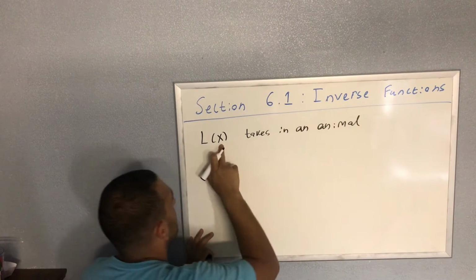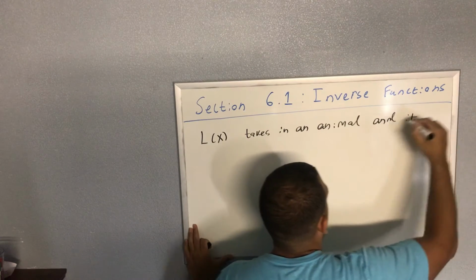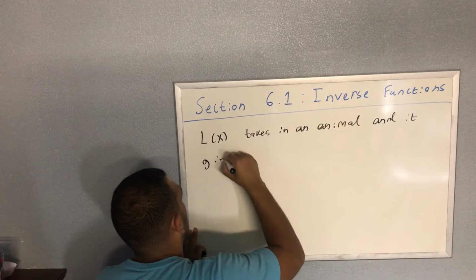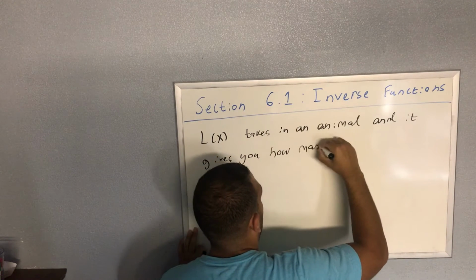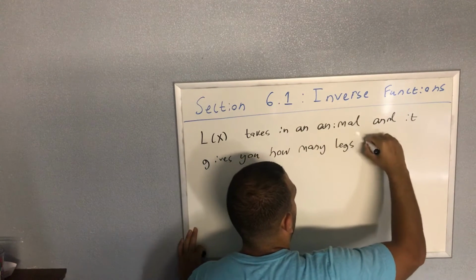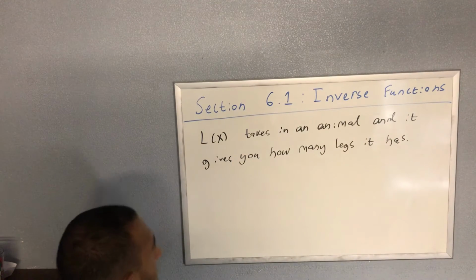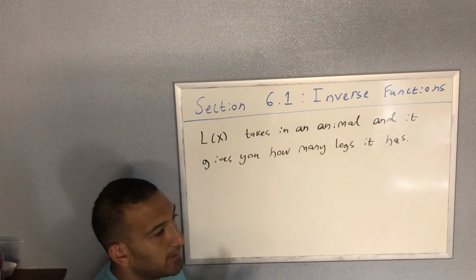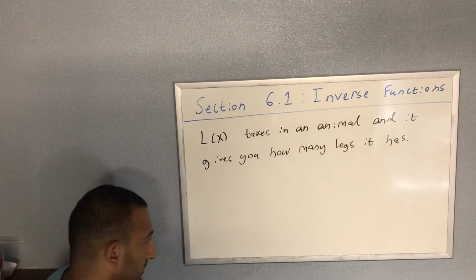So x represents some animal, and it gives you how many legs it has. Okay. So now this function, its input is an animal, its output is a number, how many legs it has.